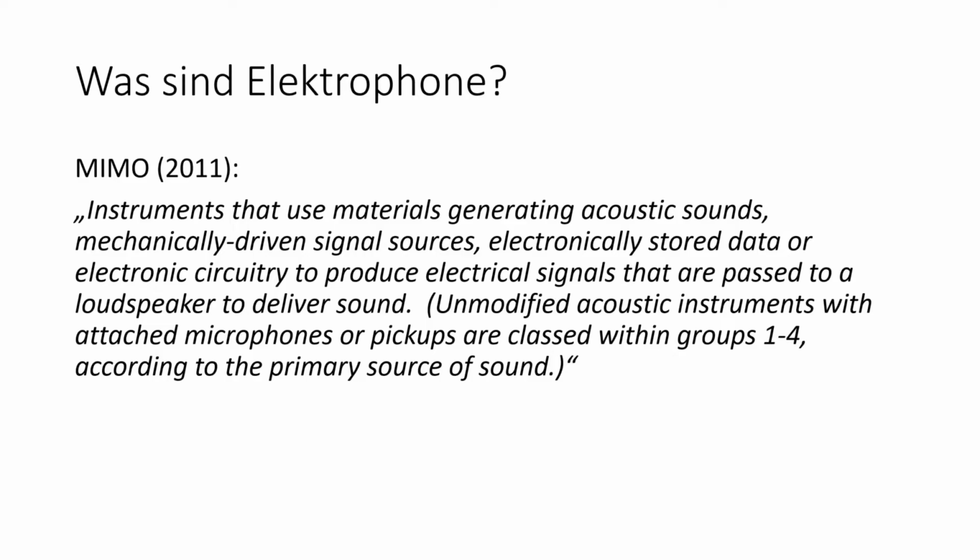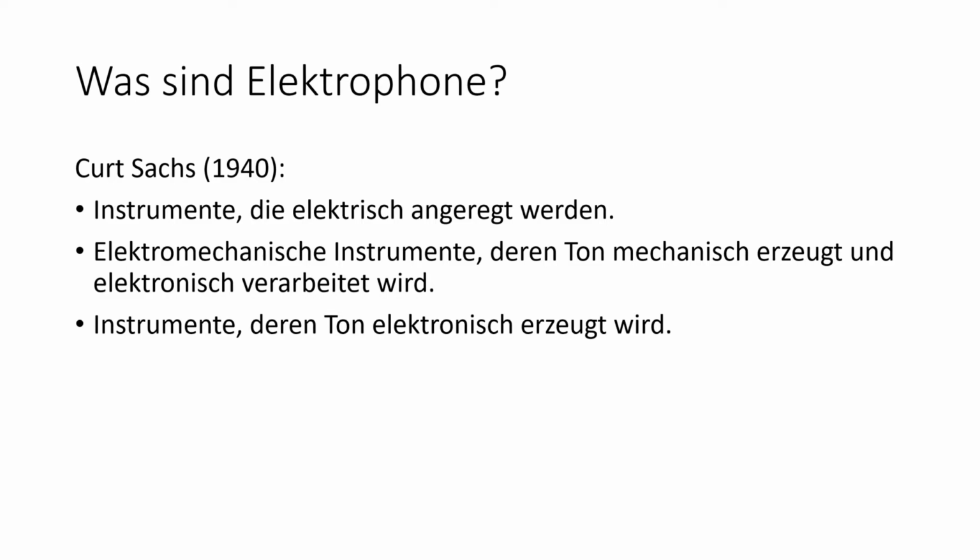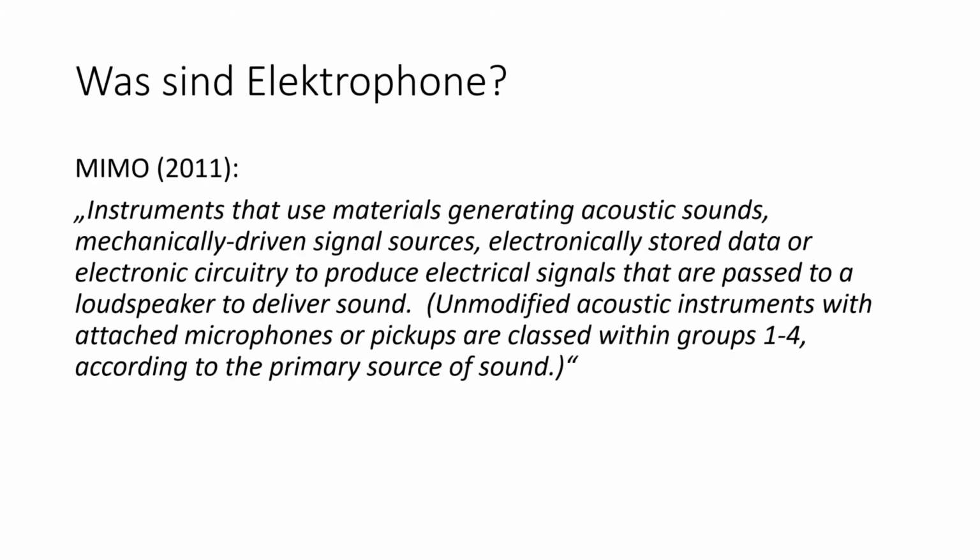She wrote that instruments that don't actually produce sound by themselves are disregarded in the Hornbostel-Sachs system, the old one, because Sachs assumes that for a thing to be an instrument, it has to actually produce sound. But in this new one, it is included, fortunately.